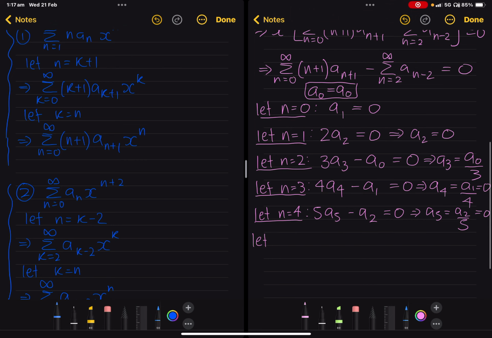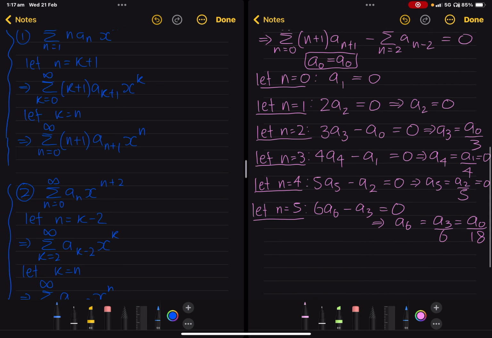So then we're going to let n equal 5. This gives us 6a6 minus, 5 minus 2 is 3, minus a3 is equal to 0. This implies that a6 is equal to a3 divided by 6, but we know a3 is a0 on 3, so this is actually a0 on 18.